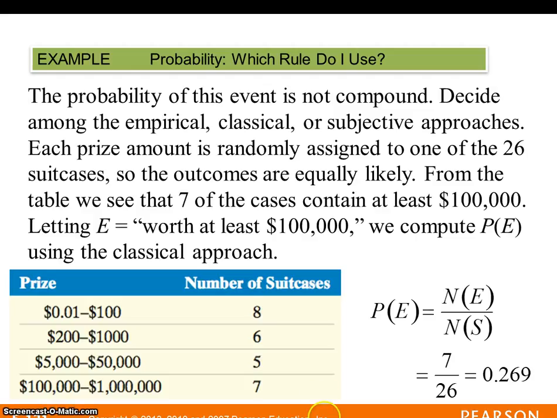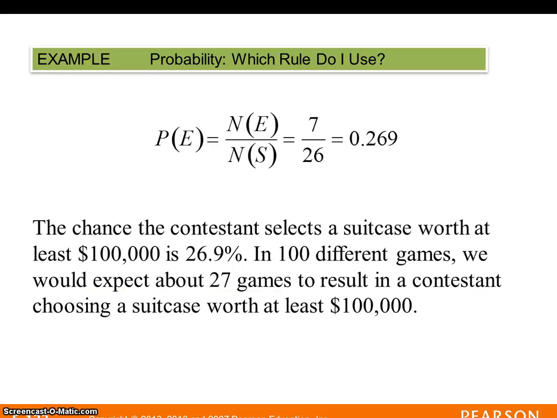So the number of possible outcomes, again, you have 26 suitcases. You could choose 7 of the 26, right? And then I guess you're not counting the initial suitcase that's set aside here. So the probability in this case of the event E would be 0.269.